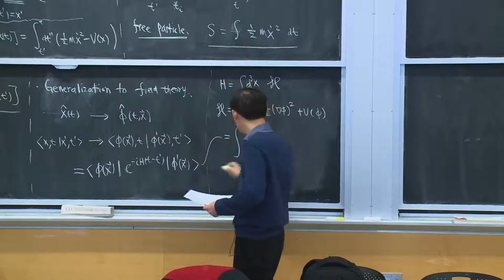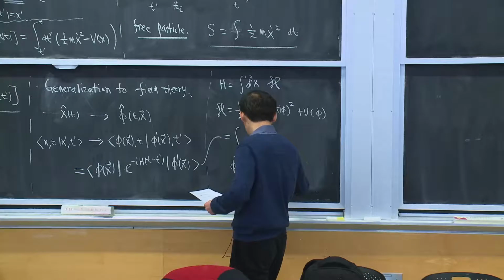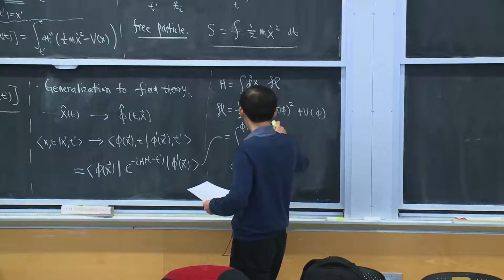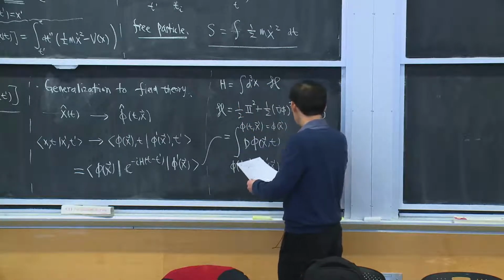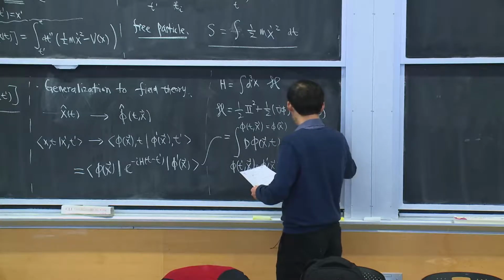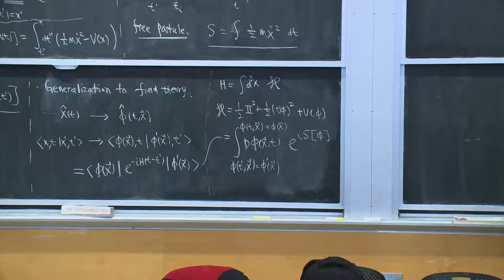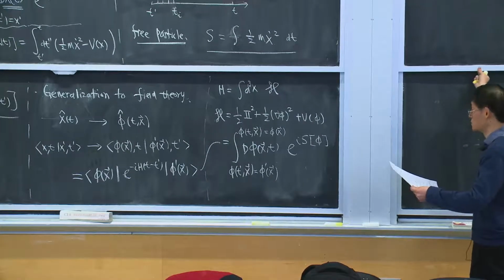with the boundary conditions phi(t prime, x) equal to phi prime(x) and phi(t, x) equal to phi(x). And again, you just have the exponential of i times S, where S is the action for phi.